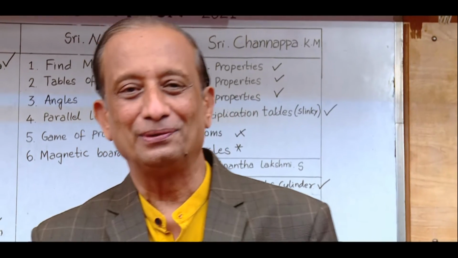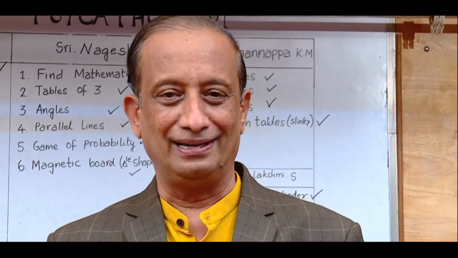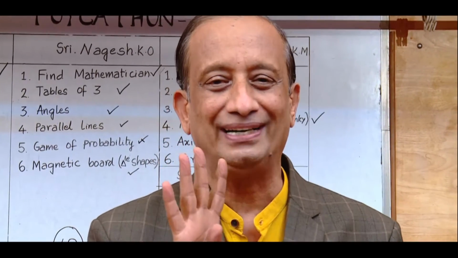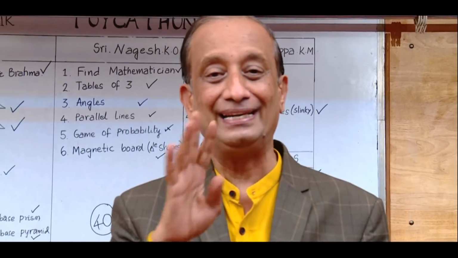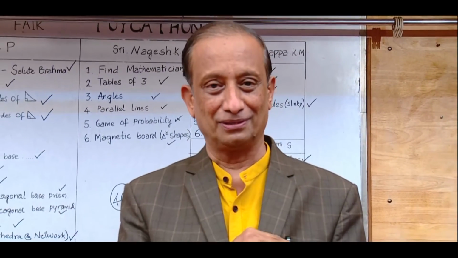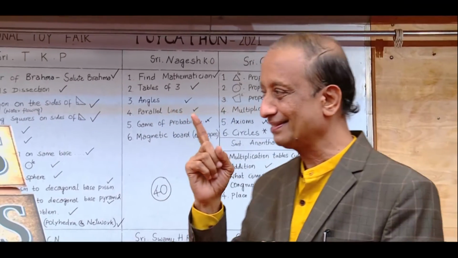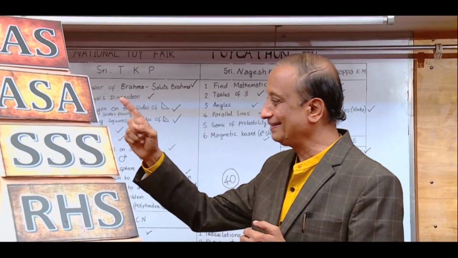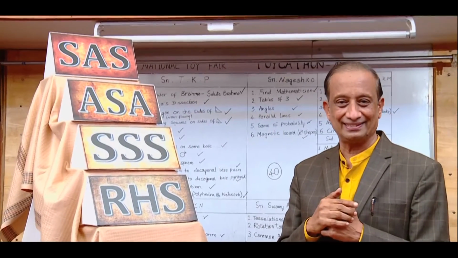Friends, you know that in order to find a pair of congruent triangles, we have 4 tests, 4 rules, 4 criterions, 4 theorems. They are nothing but SAS, ASA, SSS and RHS.